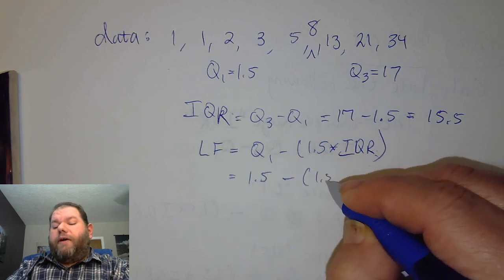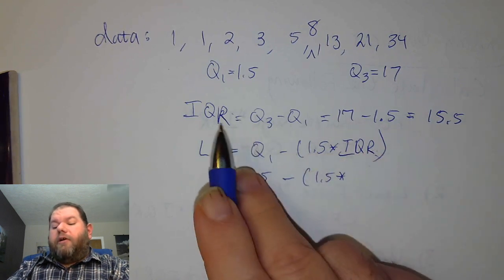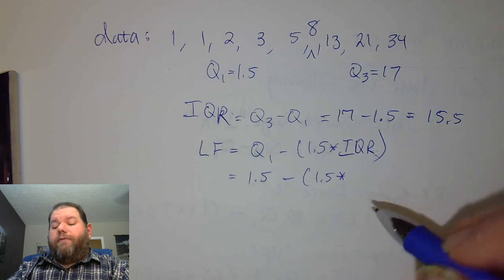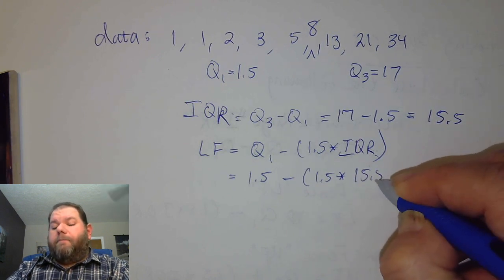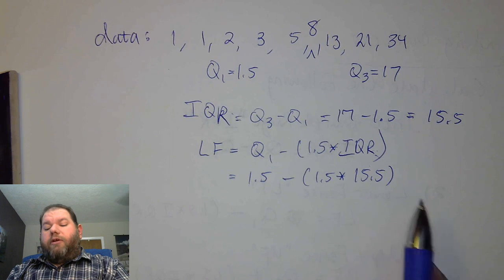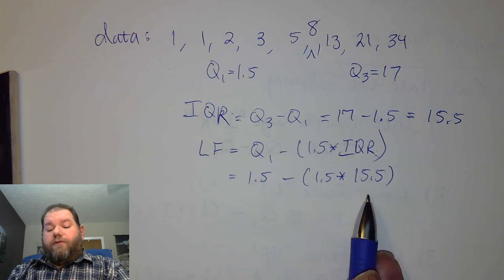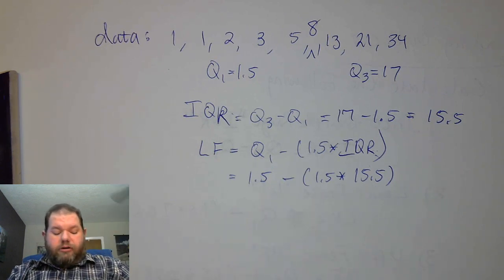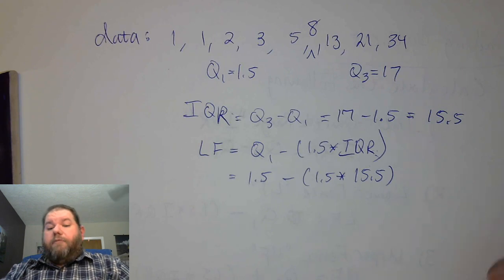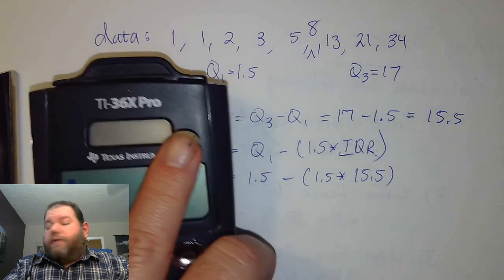And then 1.5 times IQR, which we said was 15.5. Now again, we can complete this calculation first and then do the subtraction, or if you prefer, we can do all of it at once in the calculator.